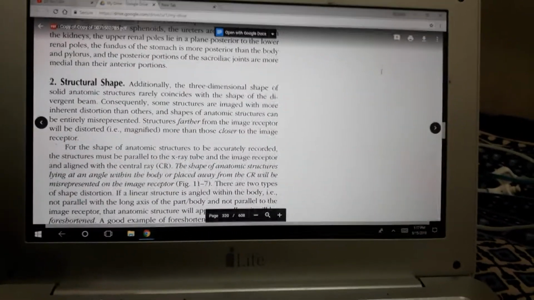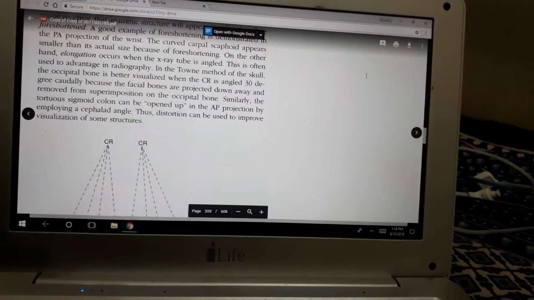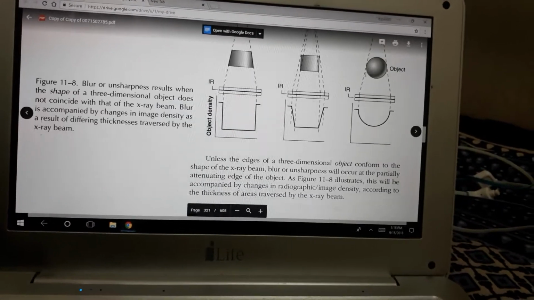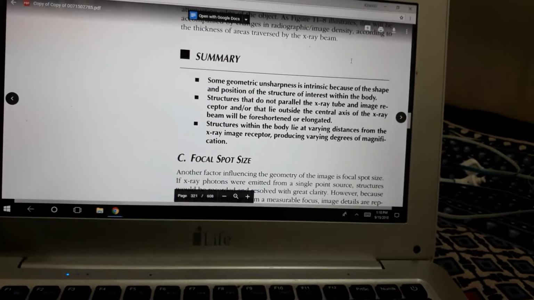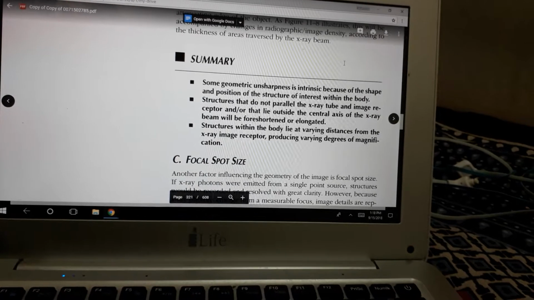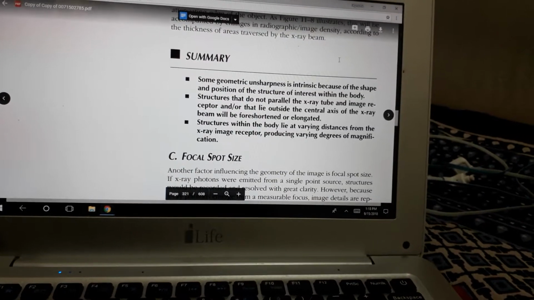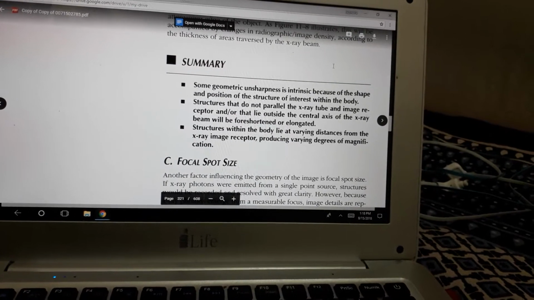Structure position, structural shape. Summary: some geometrical unsharpness is intrinsic because of the shape and position of the structure of interest within the body.